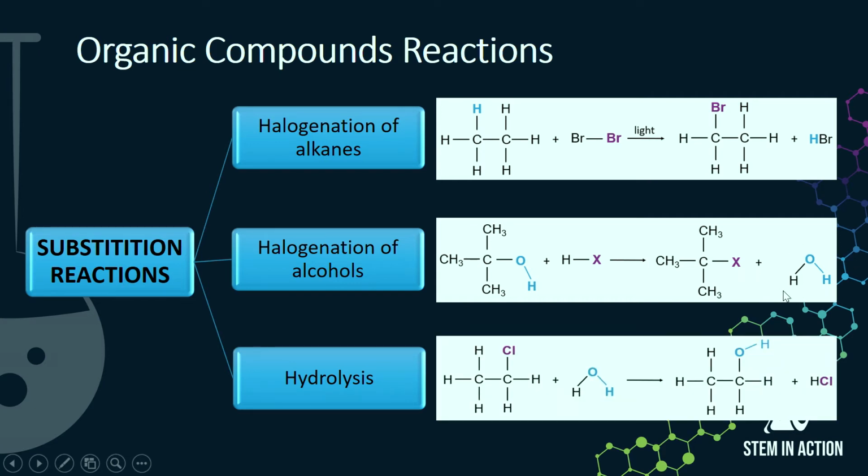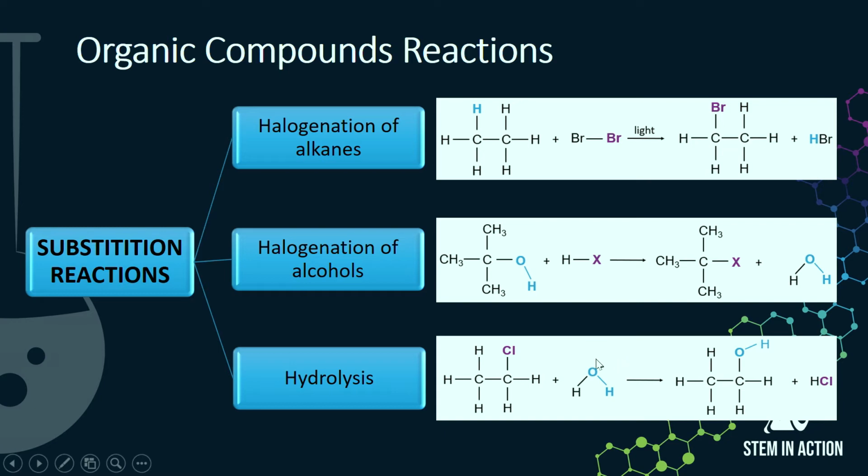And we can also have a substitution reaction, which is a hydrolysis reaction. And what you notice here is that it is almost the reverse of the previous reaction, whereby we are starting with a haloalkane. So we have got our functional group of a halogen, and the chlorine here represents a halogen group. It can be a fluorine, chlorine, a bromine, or an iodine.